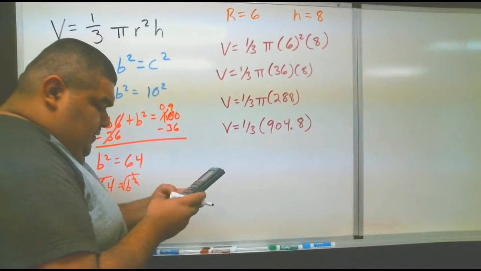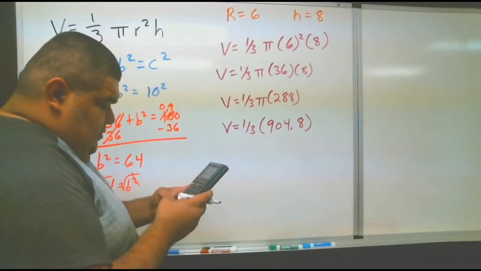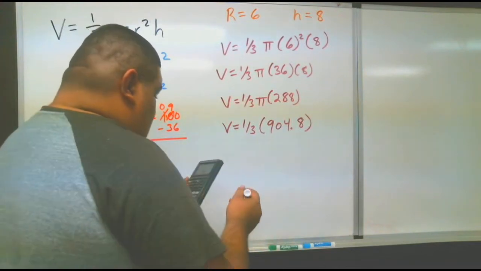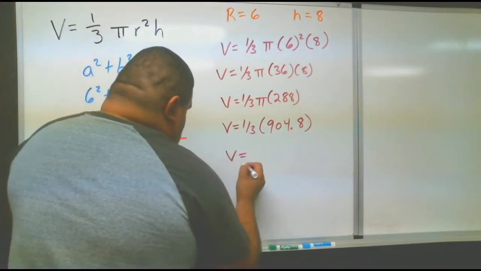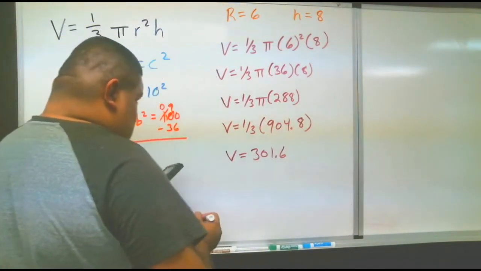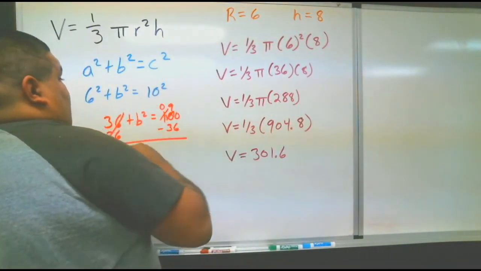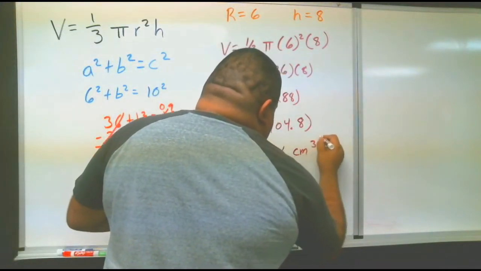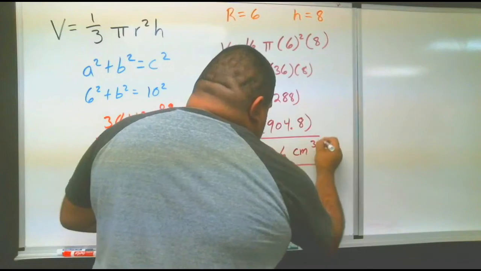904.8 divided by 3, which is the volume, equals 301.6. Since we're dealing with centimeters again, and we're dealing with volume, it's cubed.